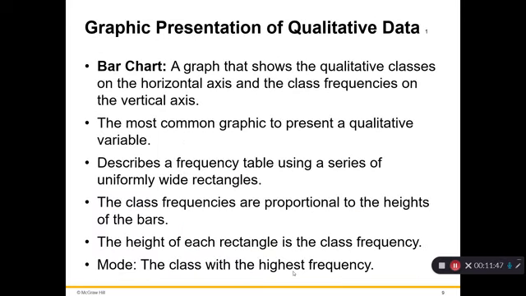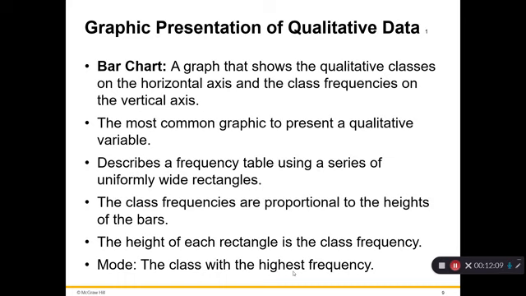So next one is graphical presentation of qualitative data. First one is a bar chart. What is a bar chart? A bar chart visualizes the frequency table by displaying data with bars whose heights correspond to the class frequencies.